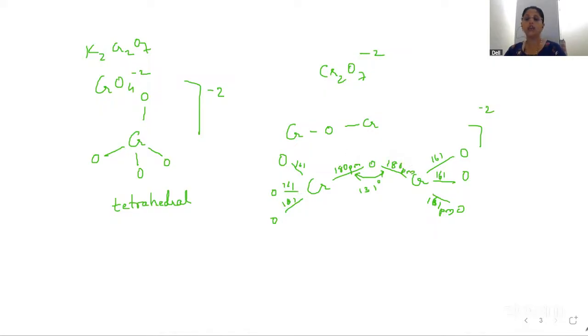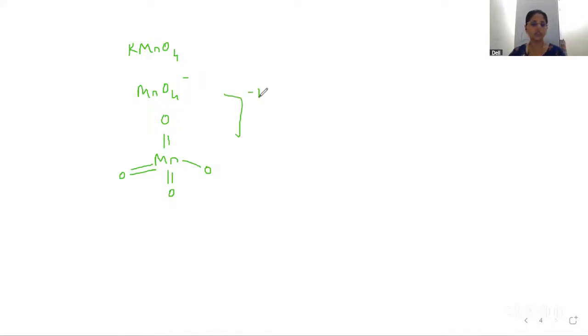Then we discussed potassium permanganate, KMnO4. The permanganate ion is MnO4 minus. The structure is Mn double bonded to three oxygens and one single bond with a minus 1 charge. Mn here is in +7 oxidation state, and it has sp3 hybridization.